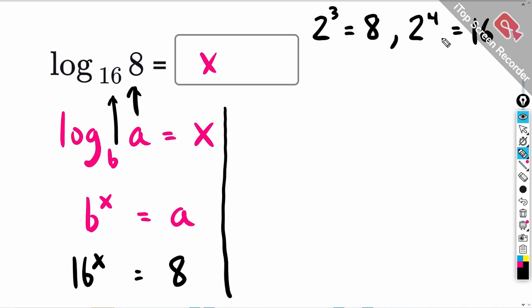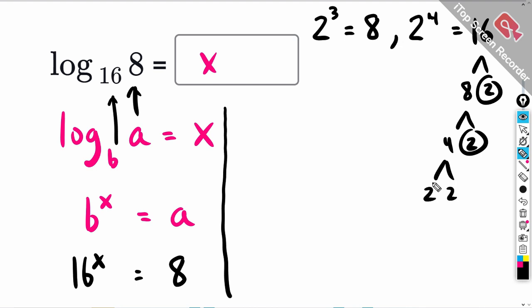If you can't do it in your head, you can take the calculator and just keep doing 2 times 2 times 2 until you get 16, or you can do it manually, breaking it up into factors. 16 is 8 times 2, 8 is 4 times 2, and 4 is 2 times 2. And as you can see, we are left with 4 2s. So 2 to the 4th is 16.